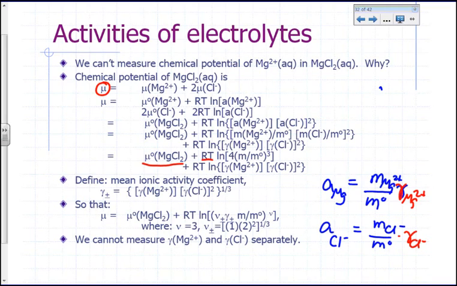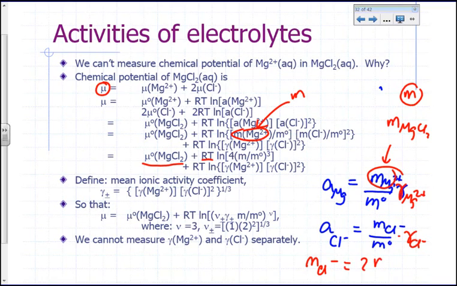Okay, what do we know about the molality of magnesium? It's the same thing as the molality of your magnesium chloride, so we're just going to represent that by m. What's the molality of chloride? The molality of chloride is 2 times the molality of magnesium chloride, so the molality of chloride right here is 2m. So this is 2m over m naught, and that one is m over m naught.